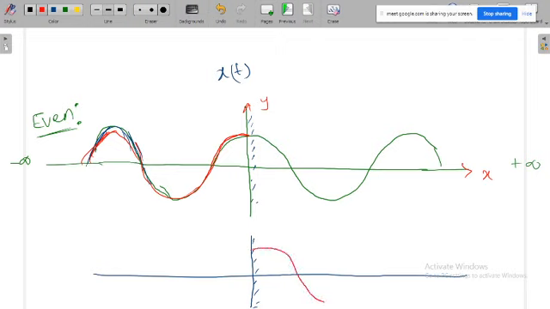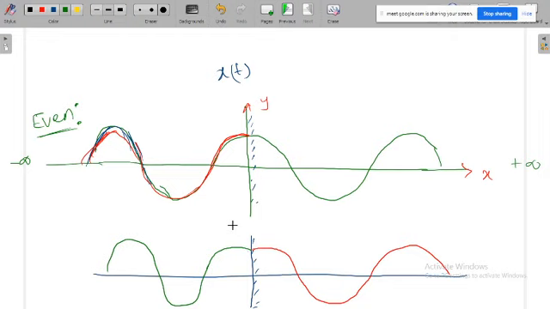Whatever signal is present on the right hand side, I will put on the left hand side like this. So this is the original signal, and this is the mirror image of the signal with respect to the y axis. You have to be very careful with respect to the y axis. Again the signal remains the same, so this signal is called an even signal.